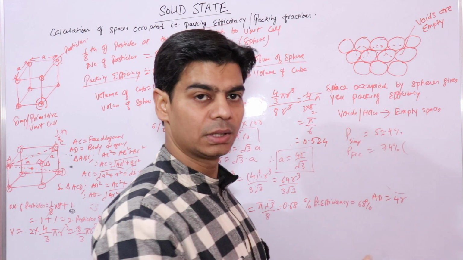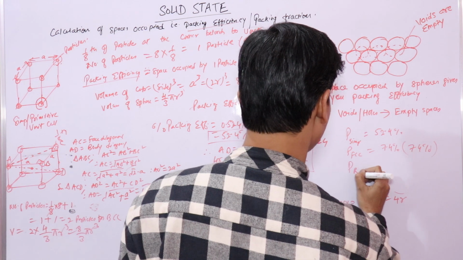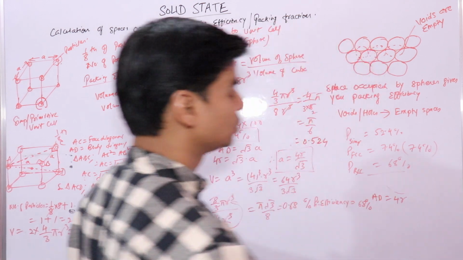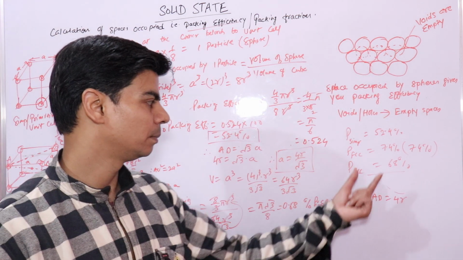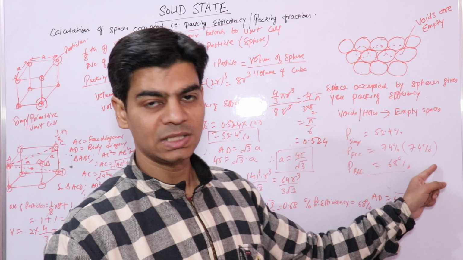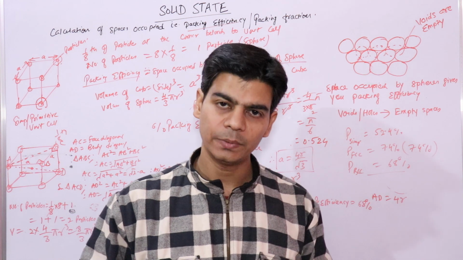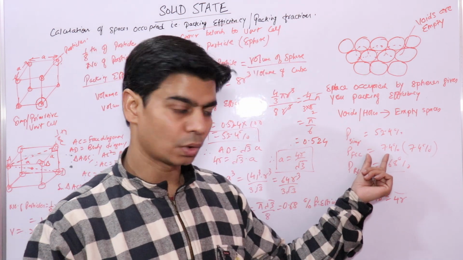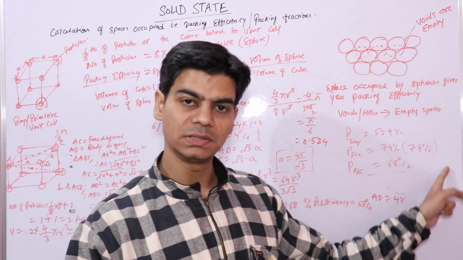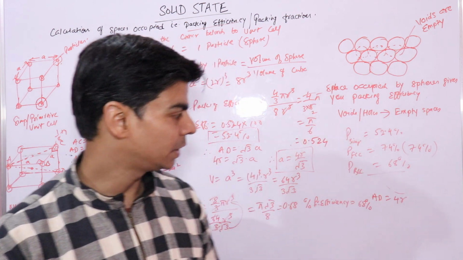So for FCC, cubic close packing, and HCP, it's 74%, and for BCC now we know it's 68%. So the most efficient packing of particles is in face centered cubic, and HCP and CCP, because it's 74% same. So by this what we understand is that the solids that crystallize in face centered cubic have maximum density and they have maximum incompressibility.